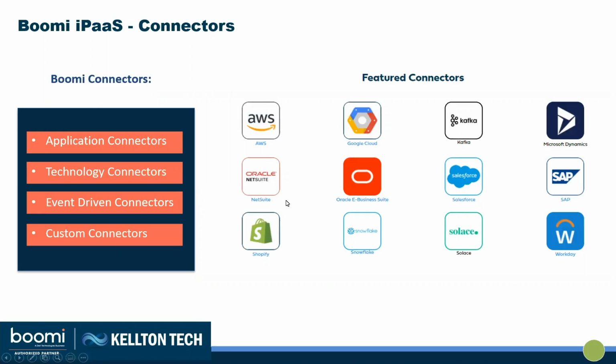On the right side, you can see a set of featured connectors of Boomi, like Kafka, Microsoft, AWS, Oracle, NetSuite, Shopify, etc. For data integration, I like the Snowflake connector here. A lot of implementations are going around Boomi and Snowflake these days.